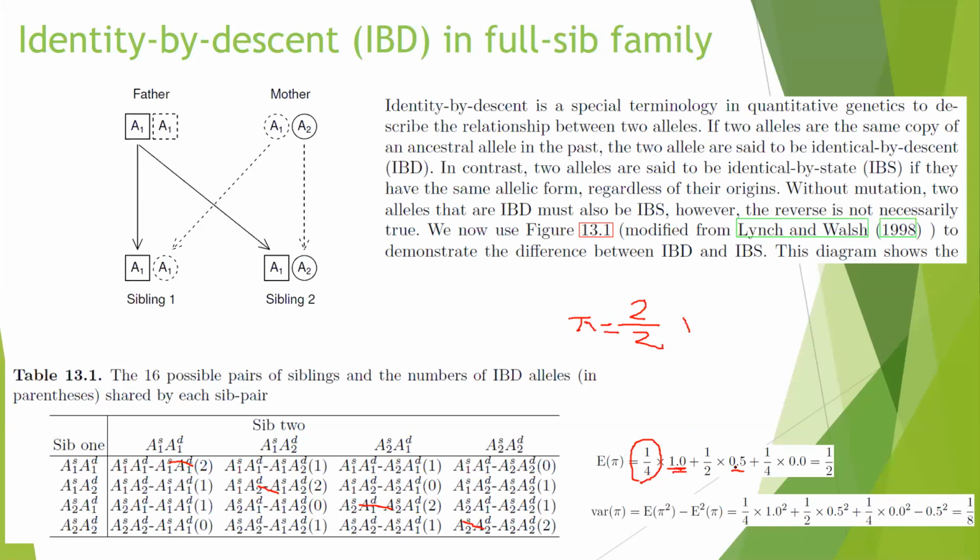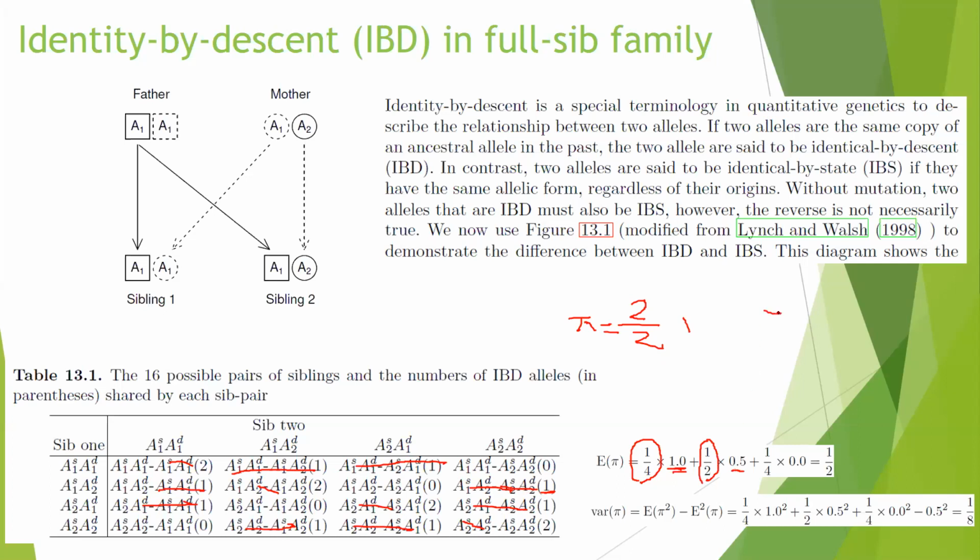How about this? Look at the 1 in the parentheses. That means 1 out of 2 alleles are IBD. So how many of them? That's 8 out of 16.